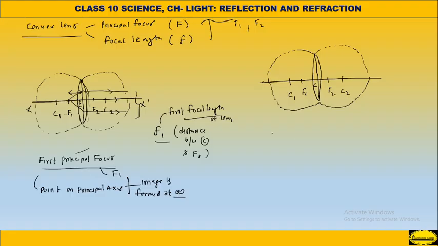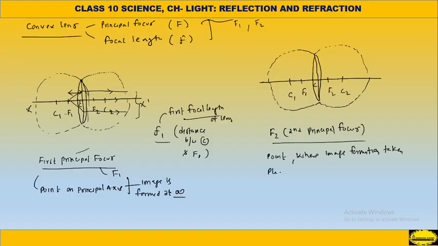Now if I talk about f2, the second principal focus, it is a point on the principal axis where image formation takes place when the object is at infinity.